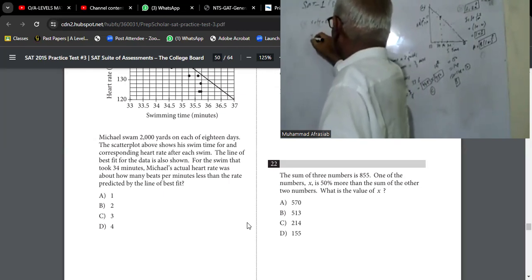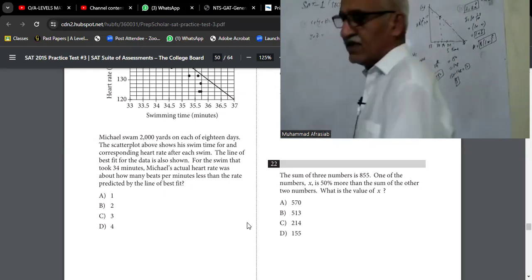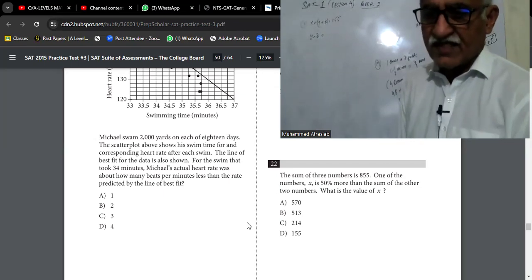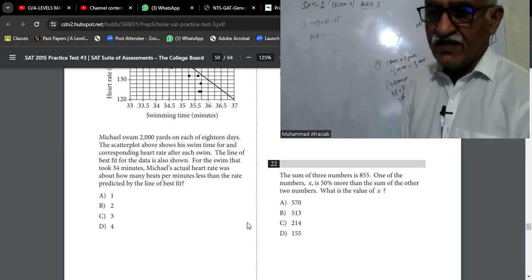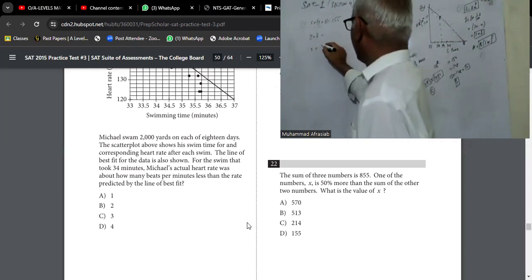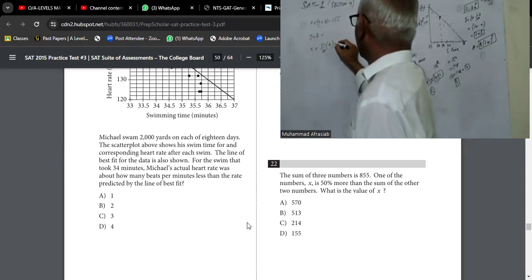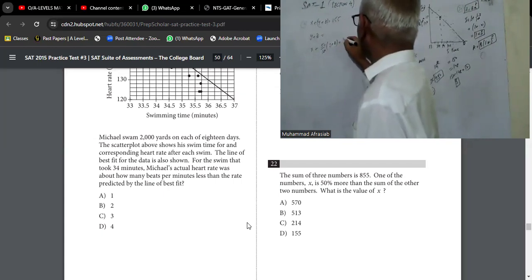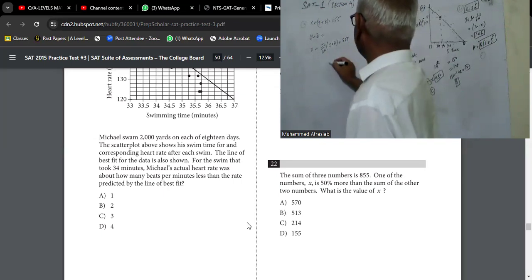These two, y plus z, are the rest of the 2 numbers, which shows that x is 50% more than the sum of the other 2 numbers. So x plus 50% of x is equal to y plus z.